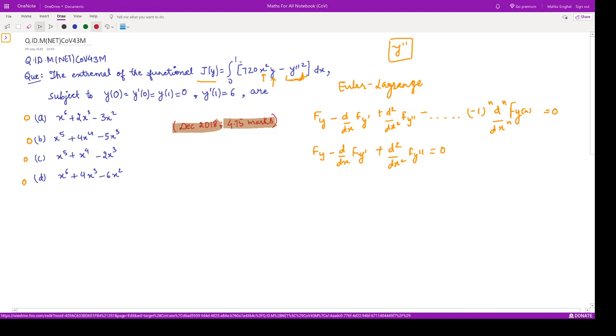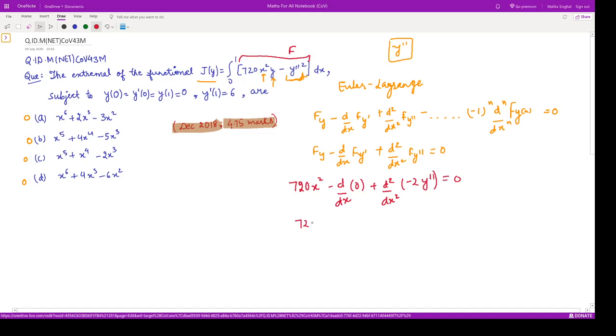In our case this is f. The partial derivative of this f with respect to y would be 720 x squared, minus d/dx of the partial derivative with respect to y dash, which would be 0, plus d squared by dx squared of the partial derivative with respect to y double dash, which would be minus 2y double dash, is equal to 0. Let us simplify this.